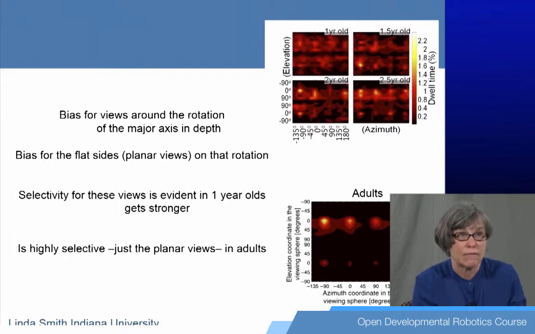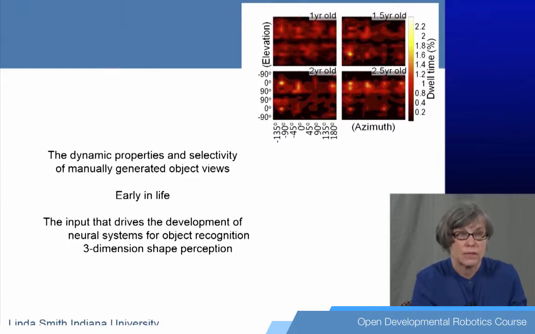Selectivity for these views is evident in 1-year-olds, and it gets stronger till you end up with the highly selective views of adults. The dynamics and properties and selectivity of these manually generated object views early in life is the input that the neural systems for visual object recognition depend on. And the baby is generating that information through their own exploration and action in the world.